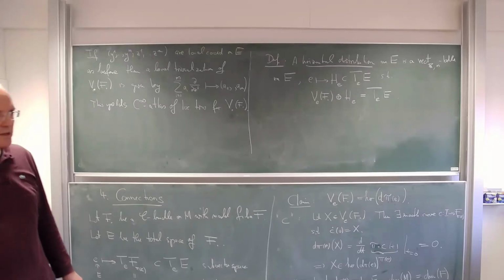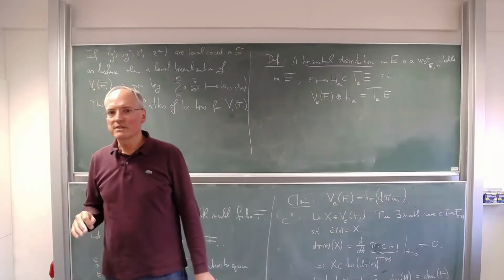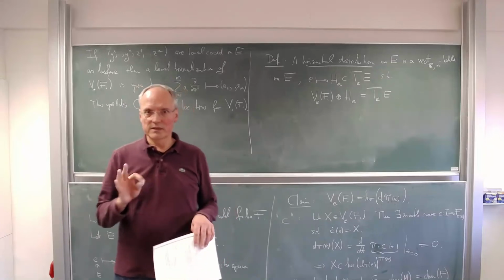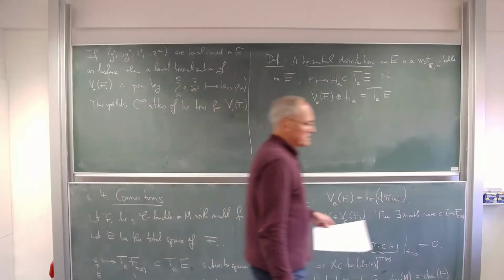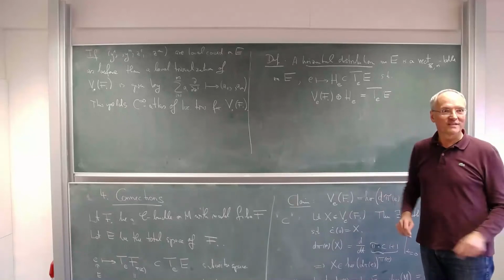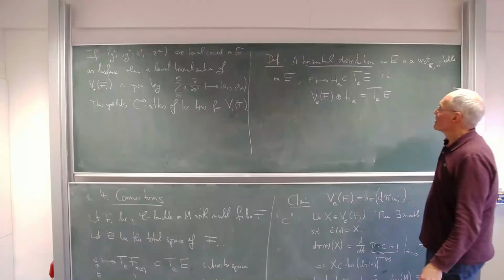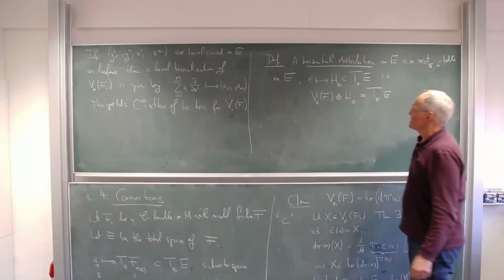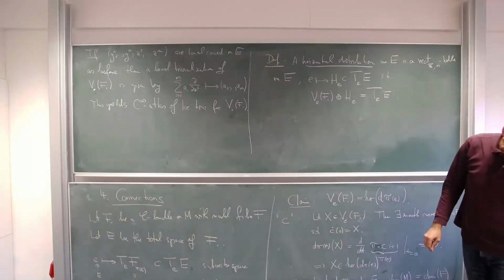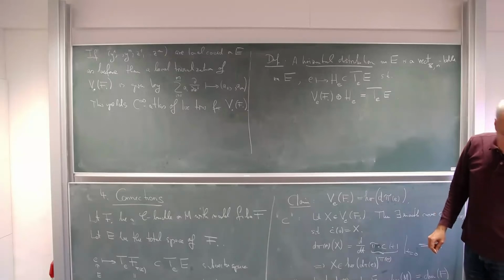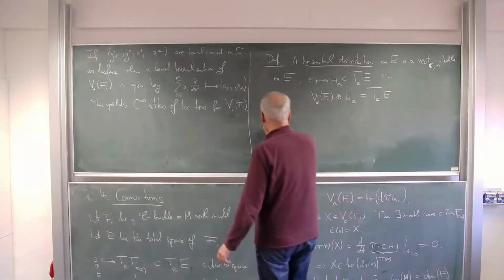This has nothing to do with distributions in the sense of generalized functions. This is a completely different thing. So this is just a distribution of certain subspaces over the total space E. So that's a definition.